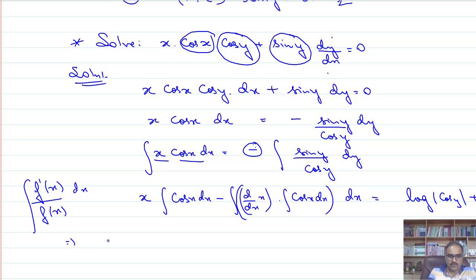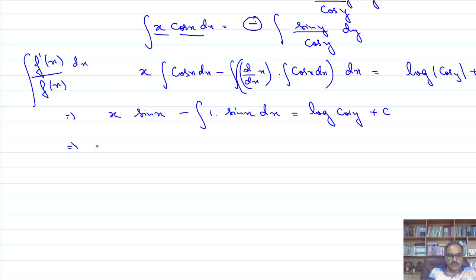So that counts to be x, cos की इंटीग्रेशन आ जाएगी आपके पास sin of x minus integral derivative of x will be 1, cos x have integration sin of x dx is equal to log of cos y plus c.